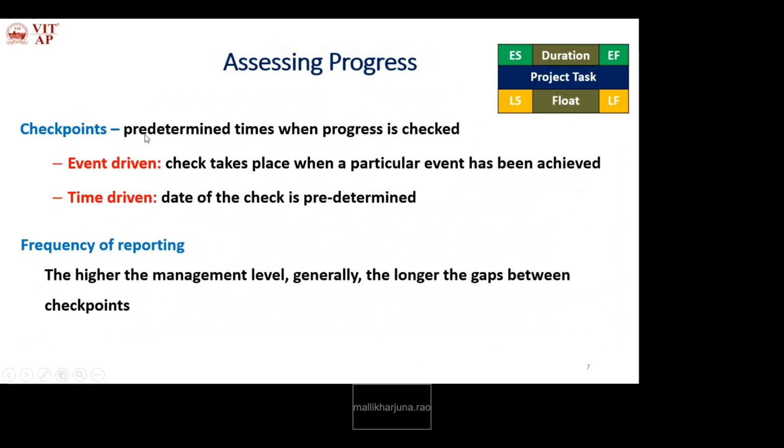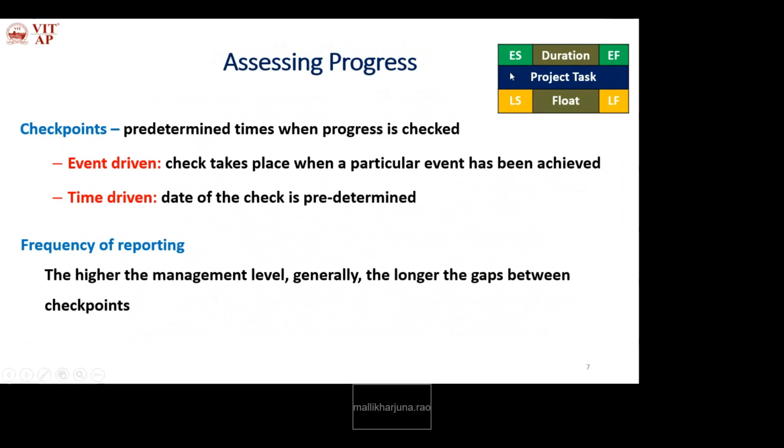So how will we check? Predetermined times when progress is checked. Every task has a start time and end time. So we check whether the task is started by the specified time or not. If it is started by this time, it has to finish by this time, and we check whether it is finished by this time or not. As we know, there is a possibility of critical activities, that is, dependencies among activities.